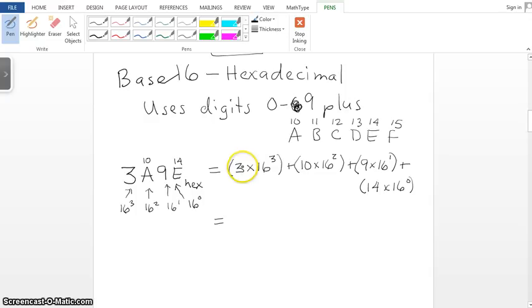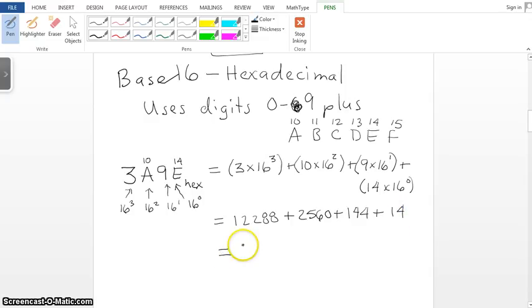So, again, you'll have your calculator. 3 times 16 cubed, kind of a big number. What is this? 12,288. How about that? Plus, if you take 10 times 16 squared, you're going to get 2560. Plus 9 times 16 gives you 144. And plus 14 times 1 is 14.